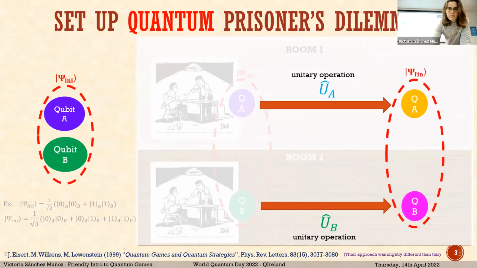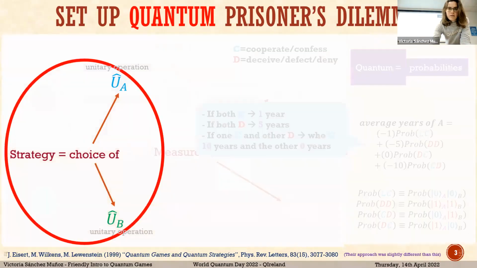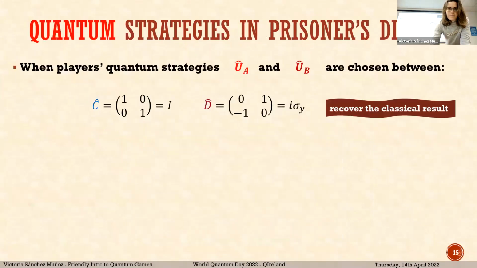When the players, the robbers, choose their strategies between these two quantum operations, the identity, which is I won't do anything to my qubit, or I would apply this operation D hat.